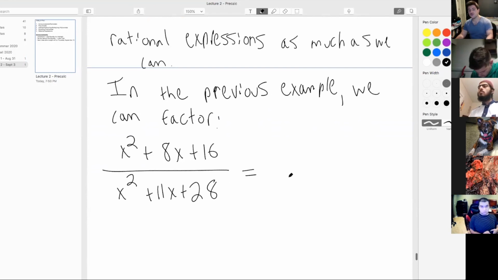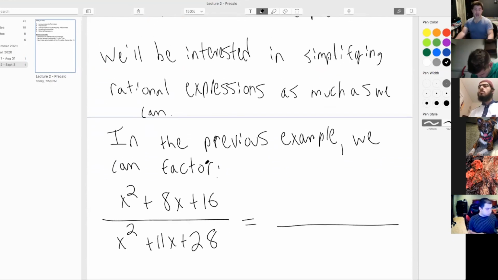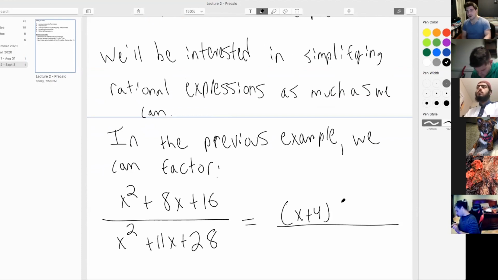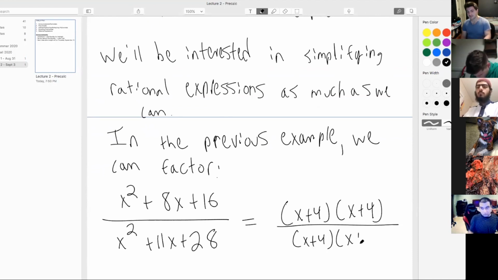The numerator will factor as, I'll leave it to you guys to check, x plus 4 multiplied by x plus 4. This was under the heading of factoring trinomials with a leading coefficient of 1. Similarly, the denominator will factor as x plus 4 multiplied by x plus 7. You guys are going to need to actually factor.